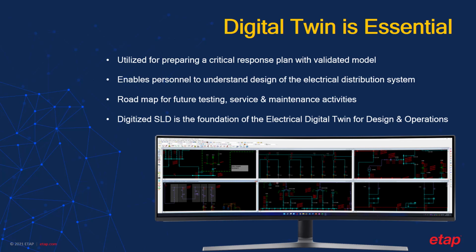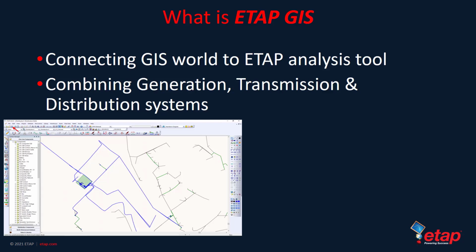So it would take a power engineer many months, if not years, to generate or develop a single line diagram. So what ETAP GIS performs is the ability to extract the electrical layer of data from a GIS database like ESRI ArcGIS, and provide connectivity, impedance information, and develop and generate a single line diagram.